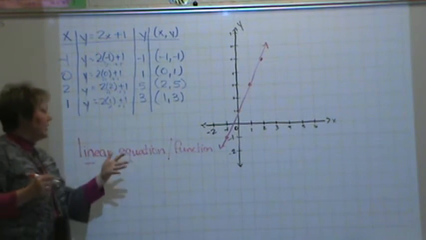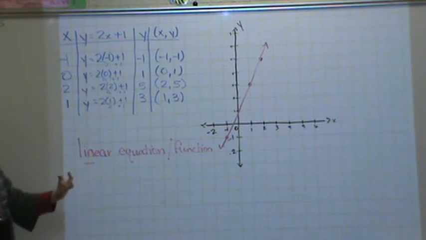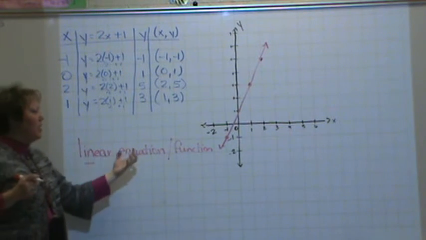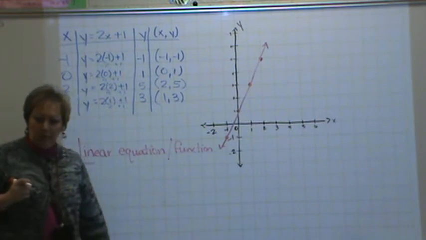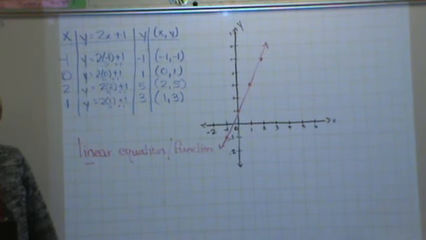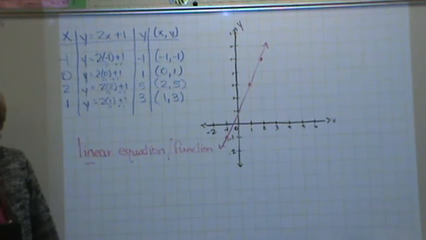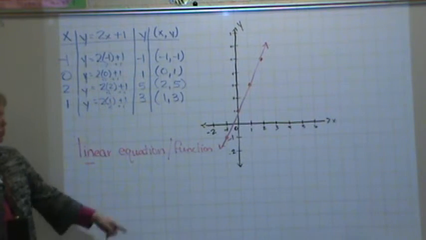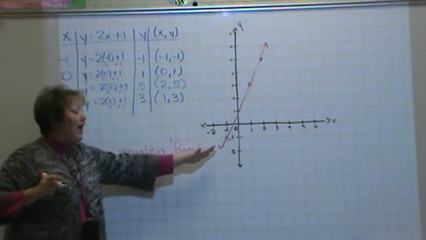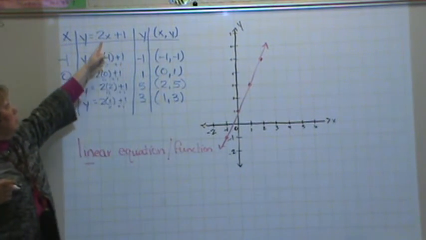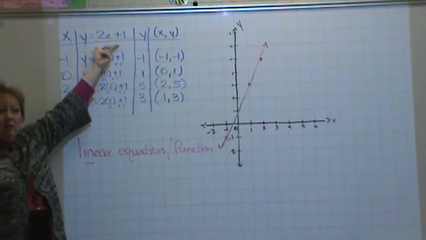Alright, so what do you think our definition for linear equation or linear function needs to be based on this example? A graph that... What did it make? A line. Okay, now, where did that graph come from? Y equals negative 2x plus 1.